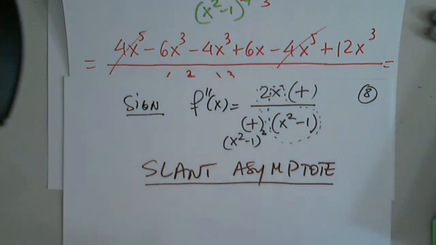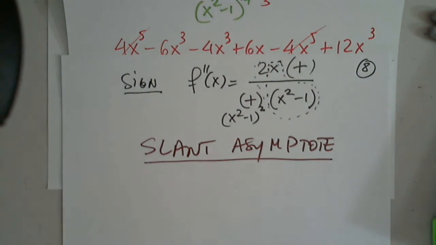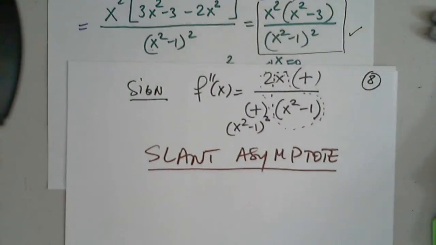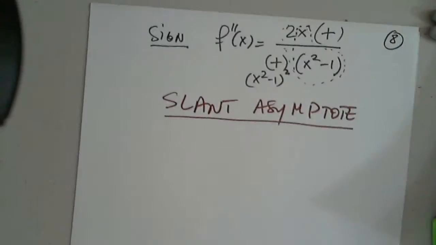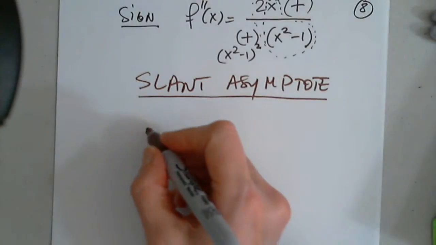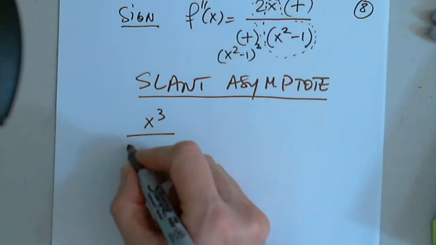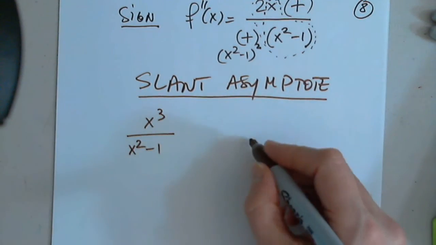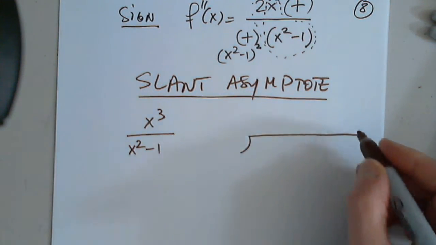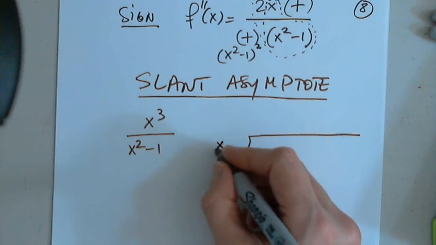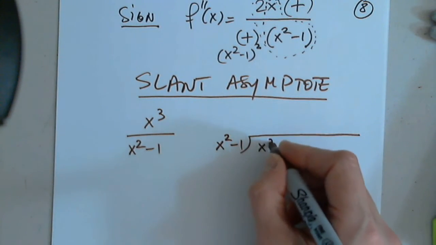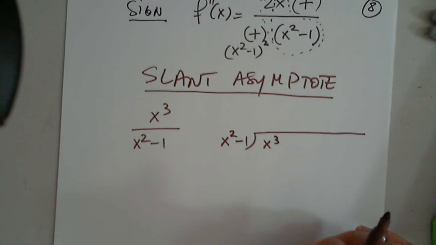One last thing that we need to do before we graph it. We need to find the slant asymptote of x to the 3rd over x squared minus 1. And this is something from your past. We need to use the long division.